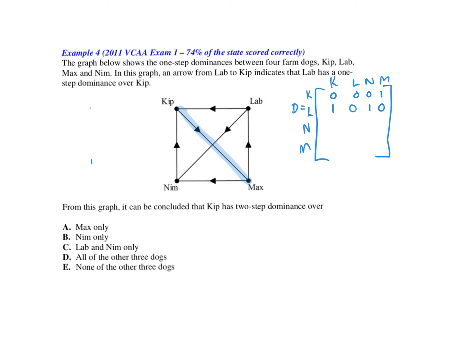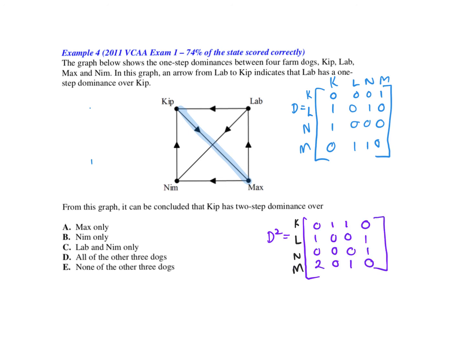Nim can beat Kip only. And Max can beat Lab, Nim, and that was it. Okay, so we pop that in and we're going to have to square it. So D squared will equal. We'll do that on our calculator.